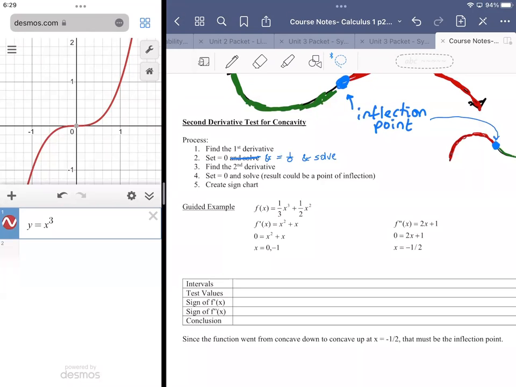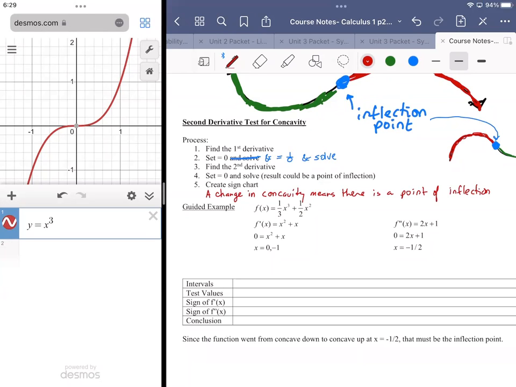A change in concavity means there is a point of inflection, assuming that it's a continuous differentiable function at that point.